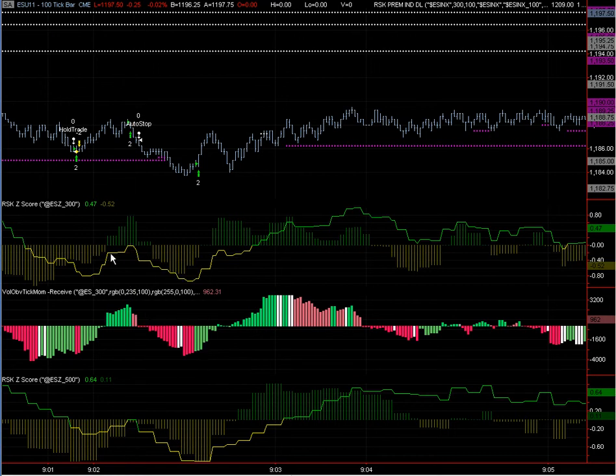It's always yellow. So that's why, even though the market moved against us, the auto stop feature did not take us out of the trade.